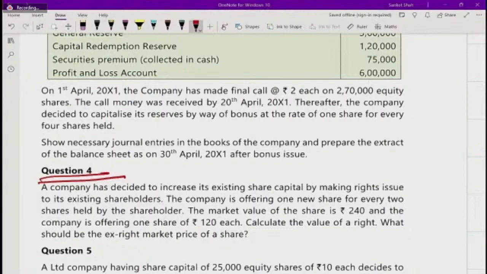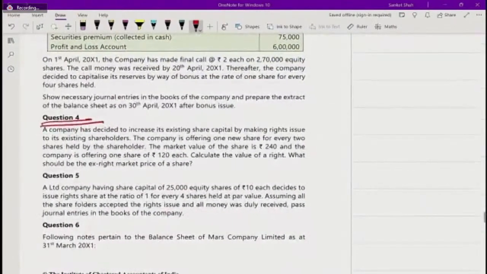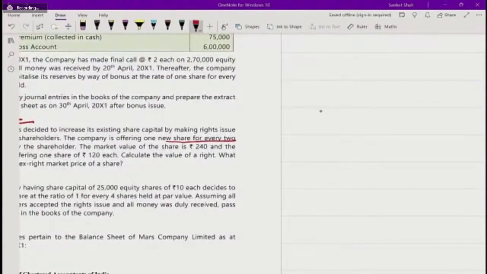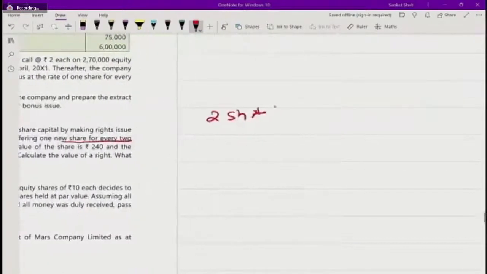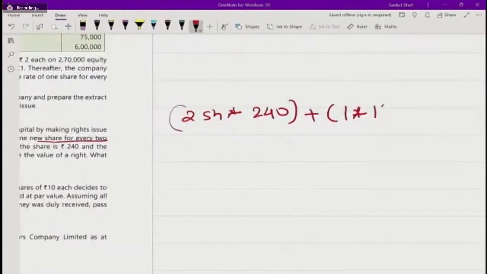Yes, correct answer is, beta, for every 2 shares, how many shares you are issuing? For 2 shares, the market value is 240 plus 1 share into 120 divided by 3.